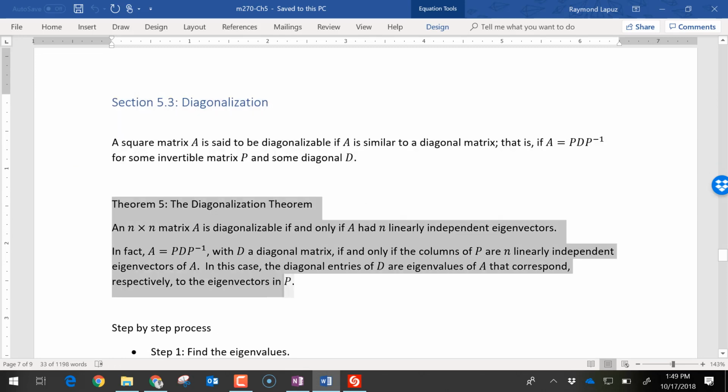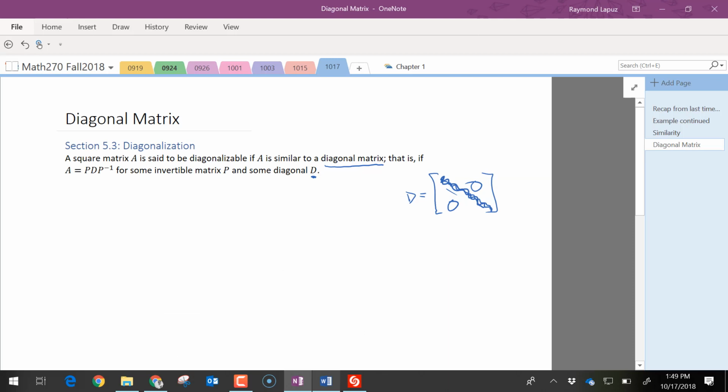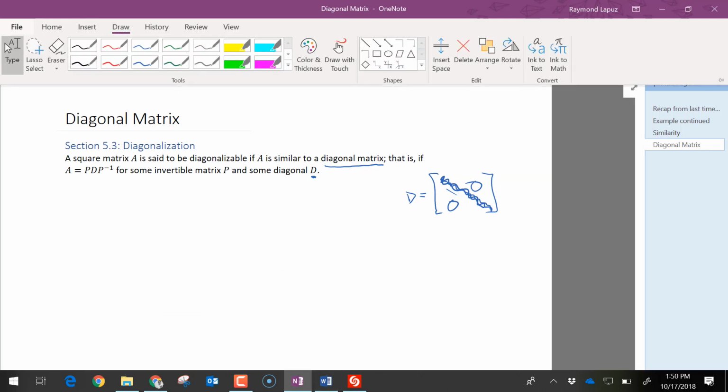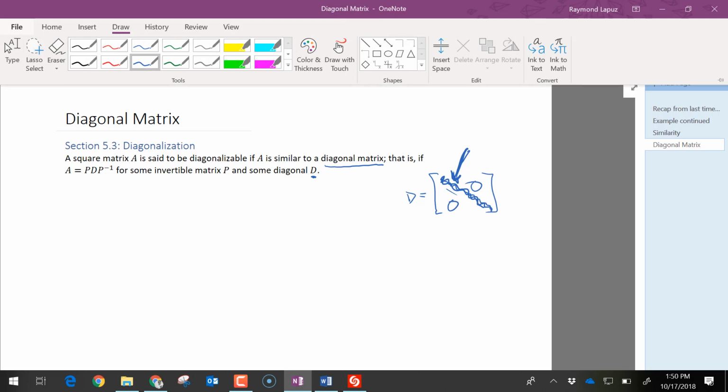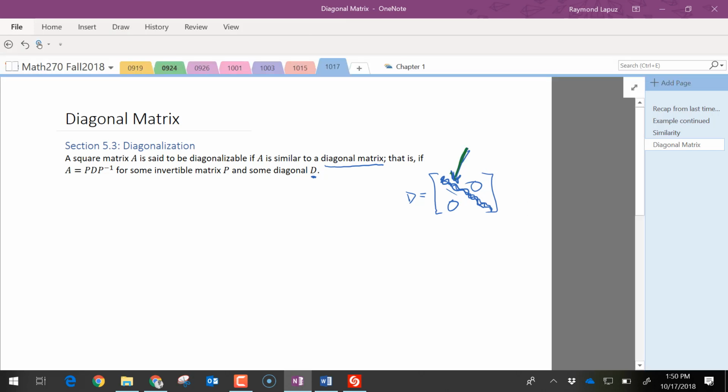Let's get a different color. So the elements in the diagonal are the eigenvalues.